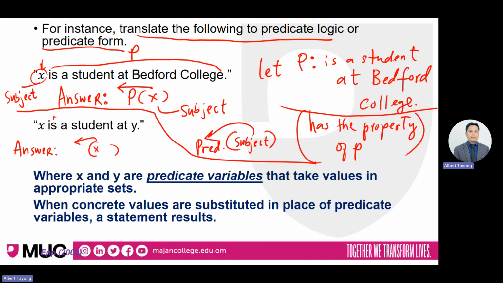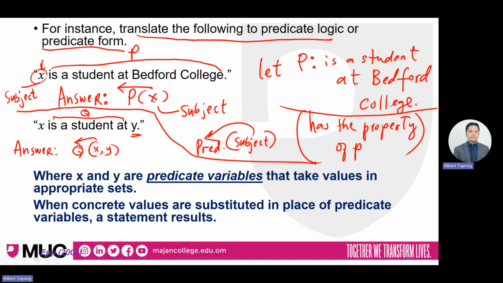So this one, we have to define as well. We can make this Q or P. Assuming that is Q, X is a student at, this is our Q here, comma, this variable Y. So the subject is X, X is a student at Q, where Y. These are the first two predicate forms here.